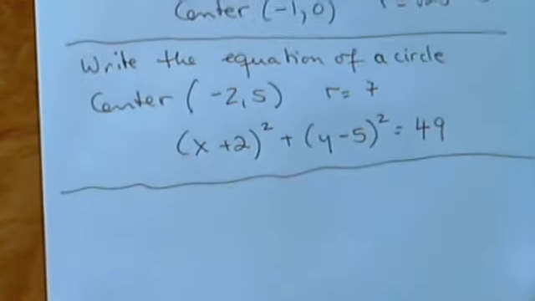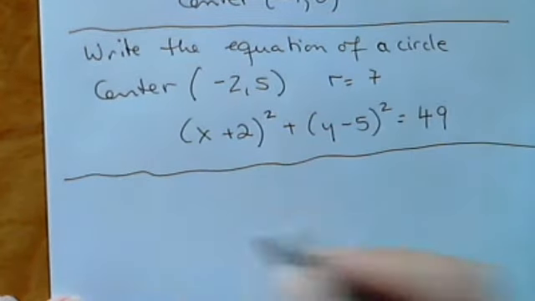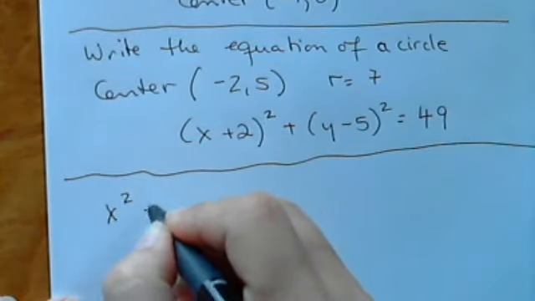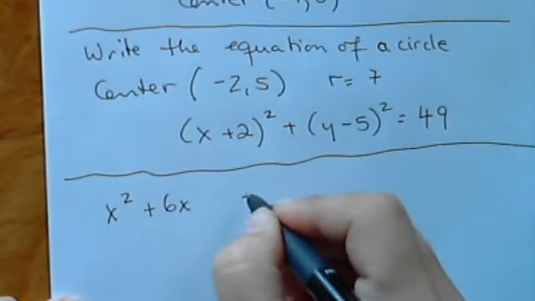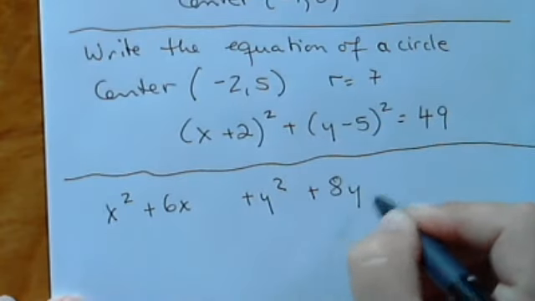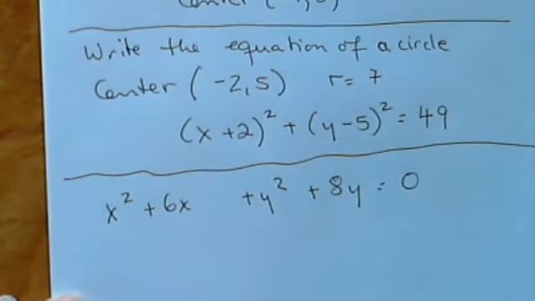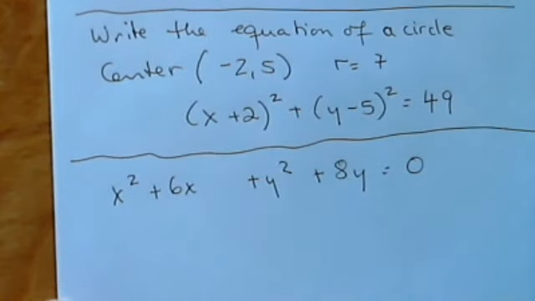Okay, let's look at one more where we have x^2 + 6x + y^2 + 8y = 0. Now if our equation is of this form, we have to complete the square first.